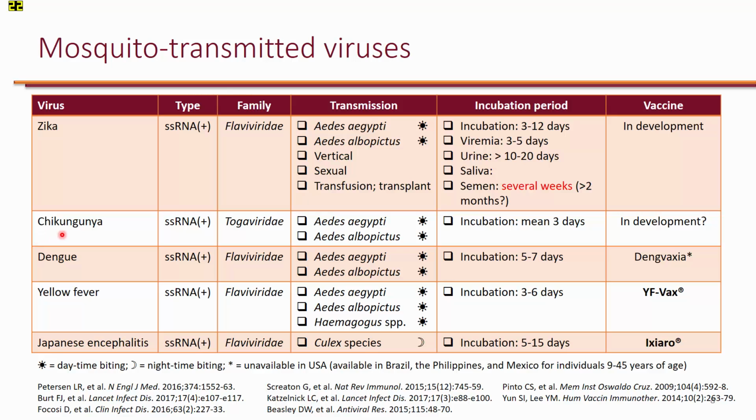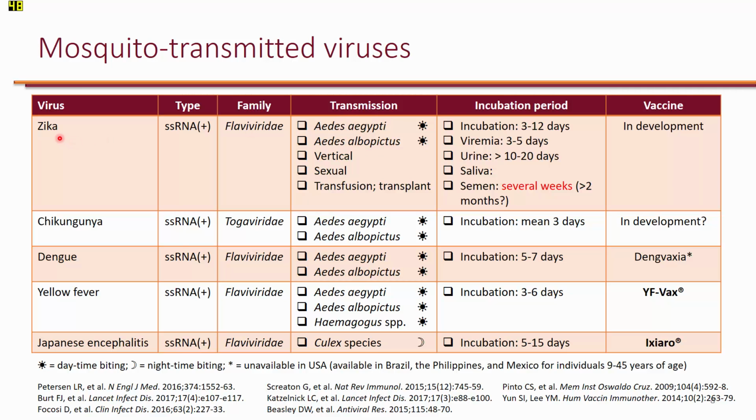Other viruses, including chikungunya and dengue and yellow fever, are also transmitted by these two species of mosquitoes. They are known for biting during the daytime. So there is no risk overnight when people are sleeping from these two species.